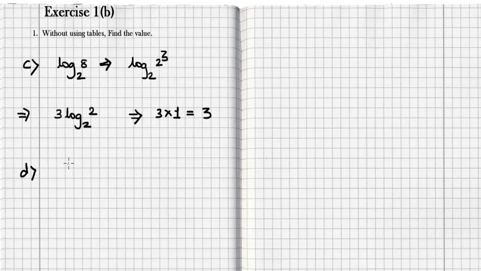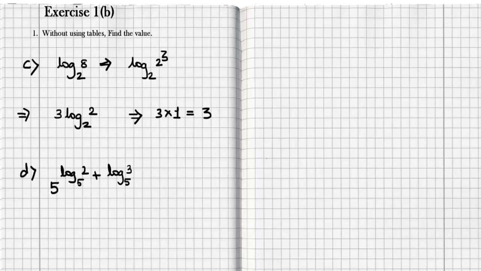D. 5 to the power log of 2 to the base 5 plus log of 3 to the base 5.